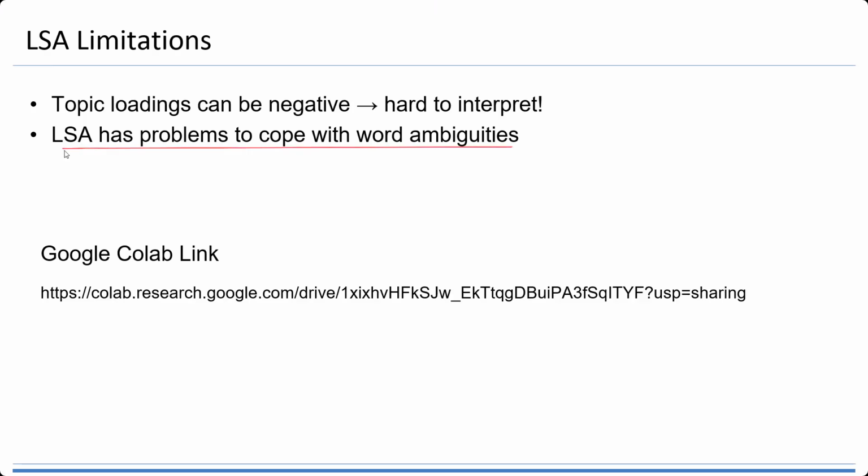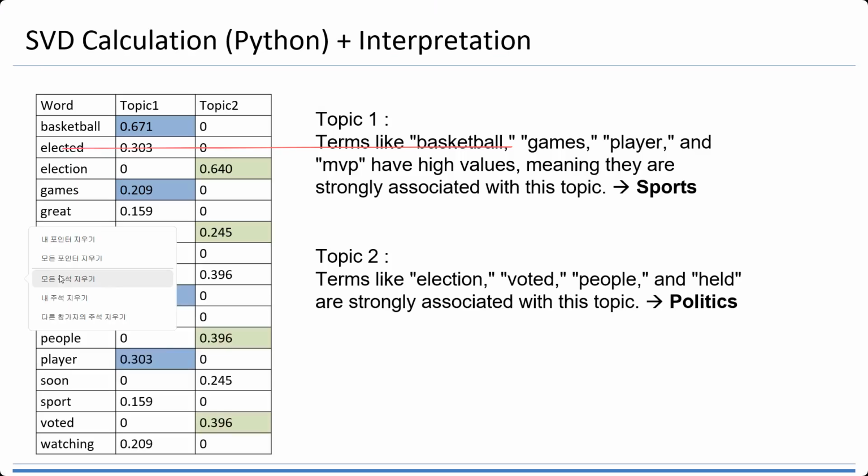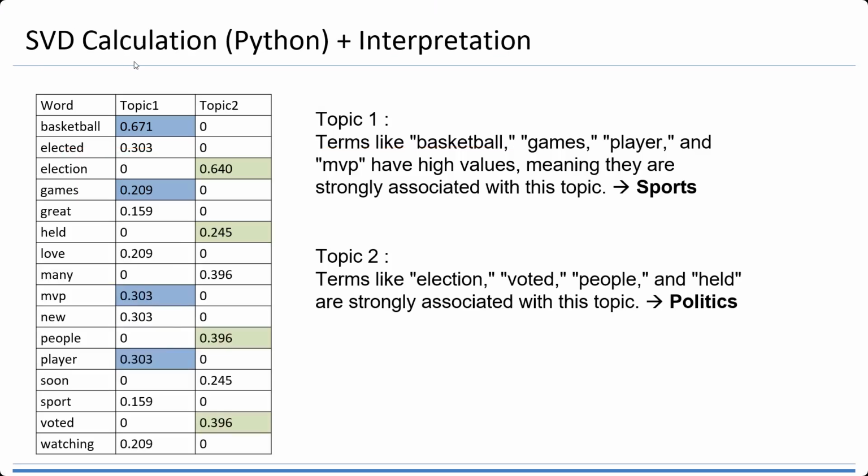Some ambiguities we cannot solve with the singular value decomposition, because it is more related to the pre-processing step. Because this is based on the matrix, the SVD calculation cannot understand the difference between elected and election, although maybe they are similar.